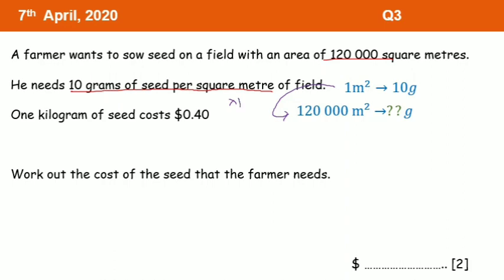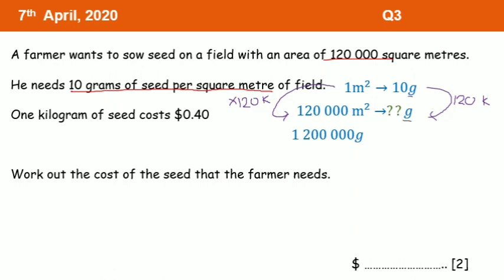So for the 10 also, we need to multiply with the same number, 120,000. So 10 multiplied by 120,000 will be equal to 1,200,000. Check the unit, it's written as gram, it's also gram.